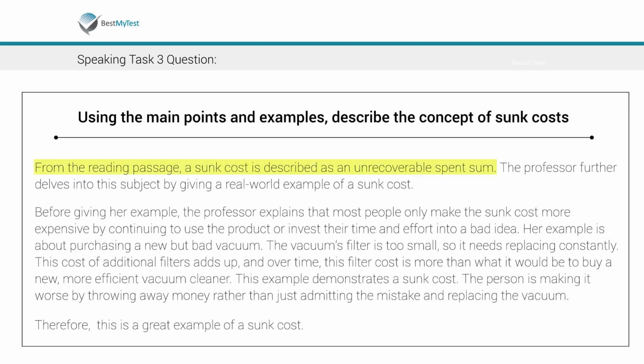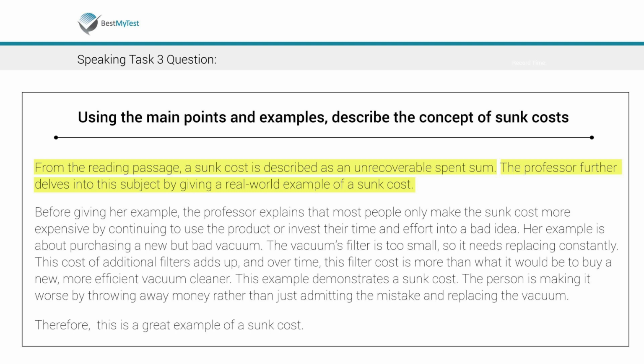From the reading passage, a sunk cost is described as an unrecoverable spent sum. The professor further delves into this subject by giving a real-world example of a sunk cost. Before giving her example, the professor explains that most people only make the sunk cost more expensive by continuing to use the product or invest their time and effort into a bad idea. Her example is about purchasing a new but bad vacuum.